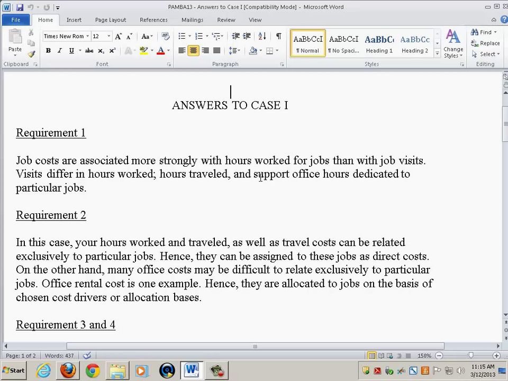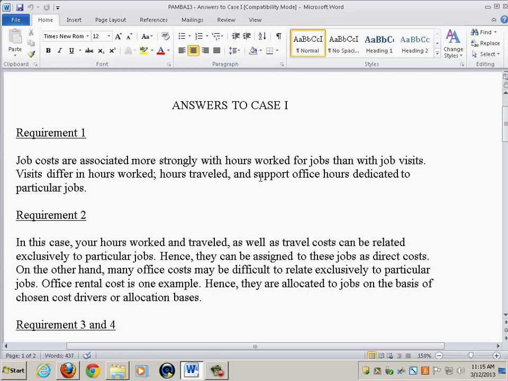Okay, so in terms of direct or indirect, the criterion is always which costs are exclusive to the cost object, in this case to the jobs. Which inputs, and which cost of those inputs, are exclusively dedicated to a particular job, and which are not exclusive.